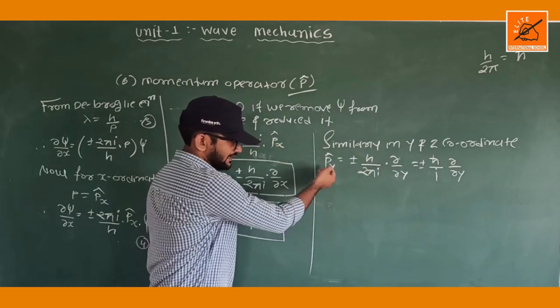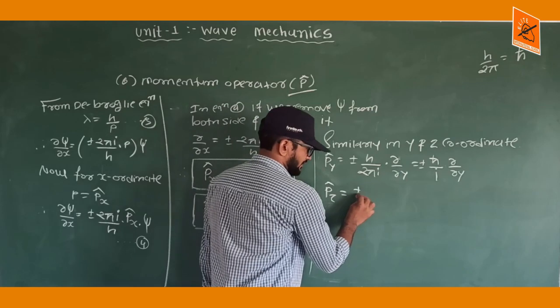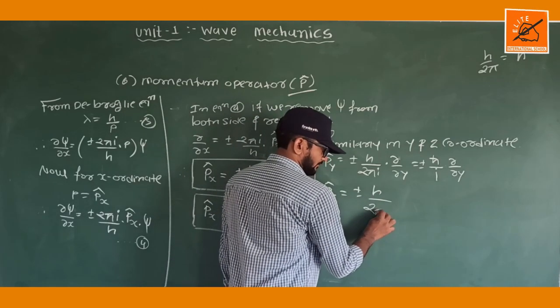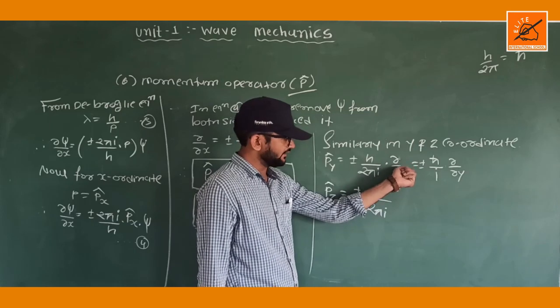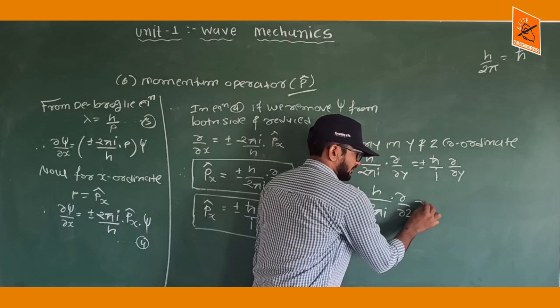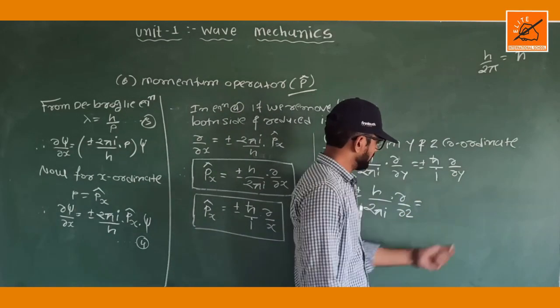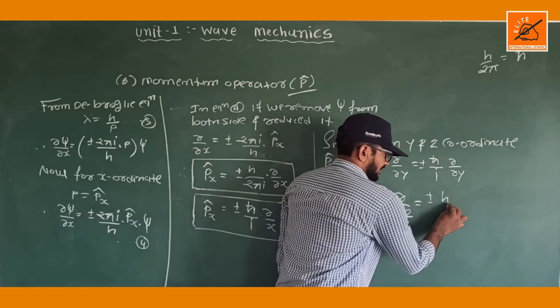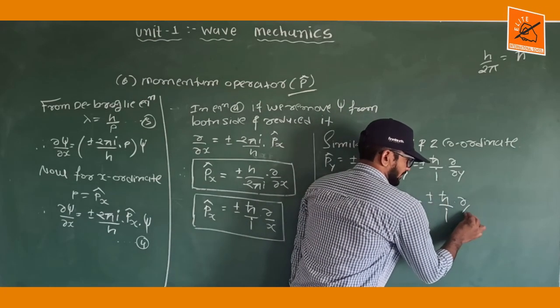Similarly in the z direction, pz cap is equal to plus or minus h upon 2 pi i into d by dz, which is plus or minus h cut upon i into d upon dz.